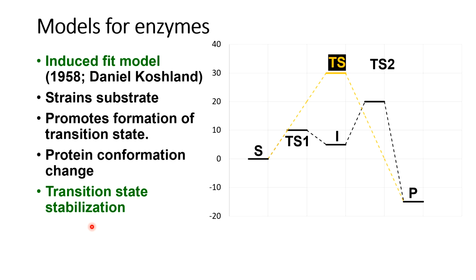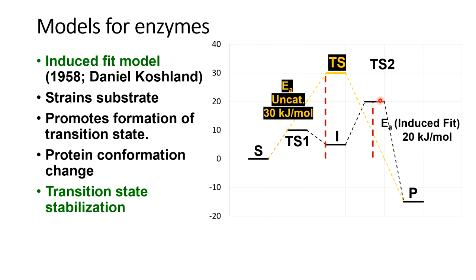So the net effect is that the uncatalyzed reaction has an activation energy of 30 kilojoules per mole, versus the catalyzed reaction, where the activation energy is effectively 20 kilojoules per mole. That makes more sense in how we think about how enzymes work: one mode of how enzymes work is to decrease the activation energy in order to increase the rate of the reaction.